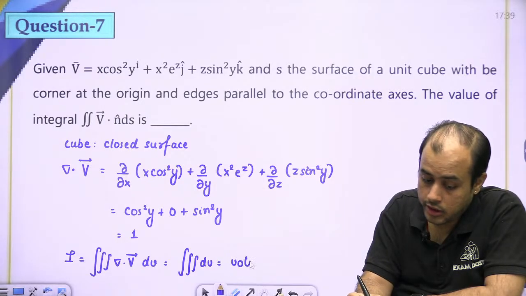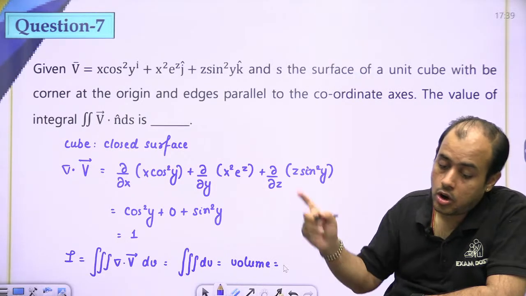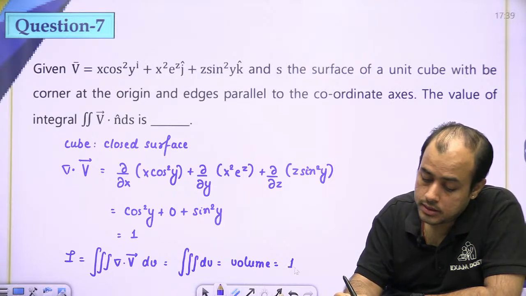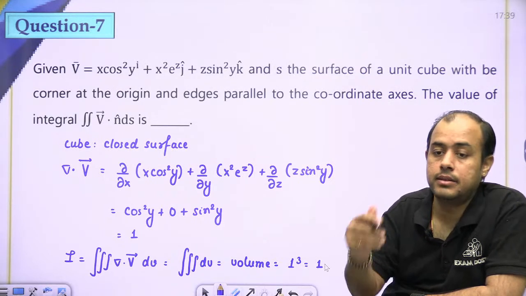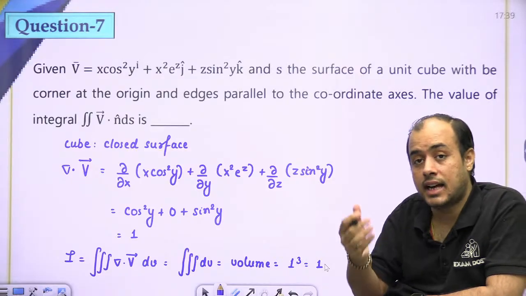So this is the volume, beta. Now, because it is a unit cube, the volume will be 1. Unit cube means the side is 1 unit.